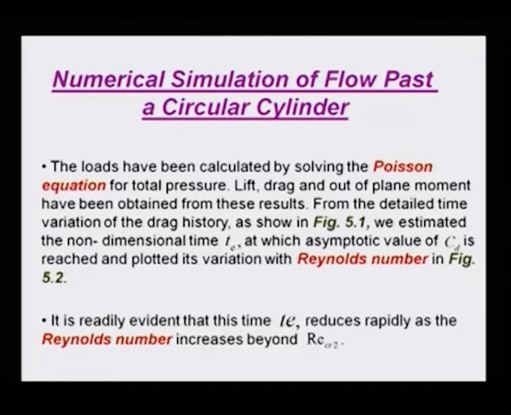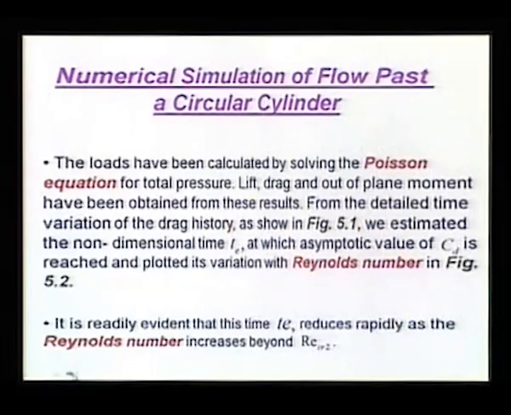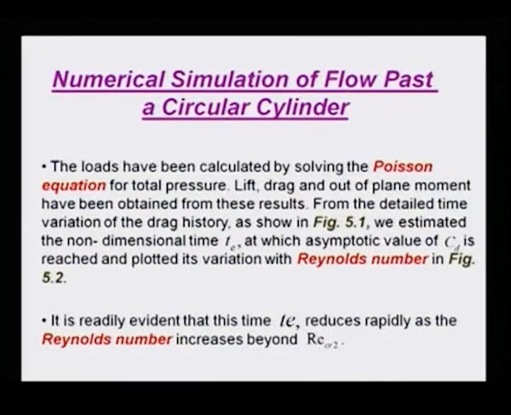However, when you actually calculate the load by solving the Poisson equation for total pressure, that is nothing but a statement of energy conservation. So, in this approach we are in a sense also satisfying energy conservation, and this is something that needs to be fairly well understood.